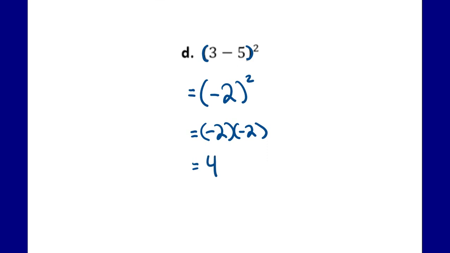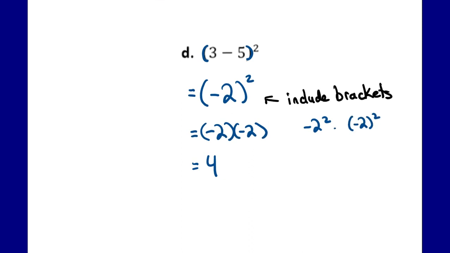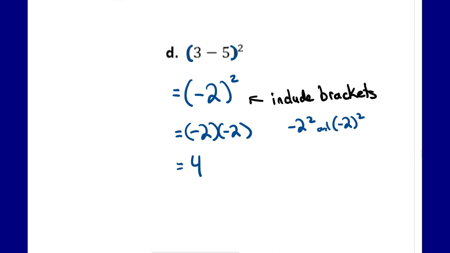One thing to keep in mind, if you're entering this on your calculator, make sure you include brackets. The reason I say include brackets is because on your calculator, if you do negative 2 squared, and in brackets negative 2 squared, you will get two different answers.